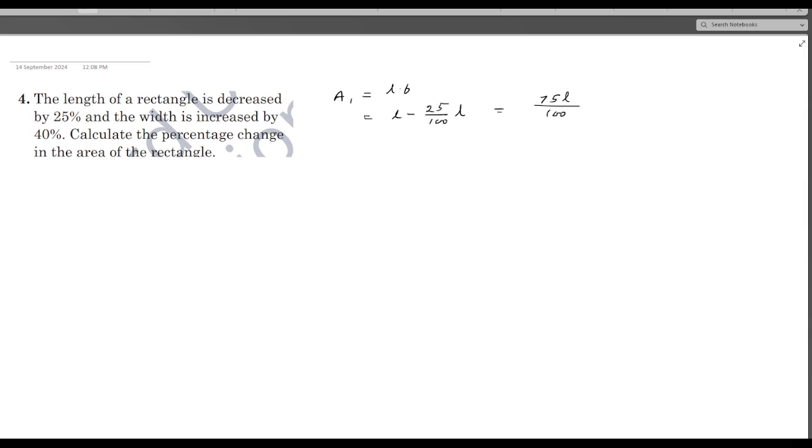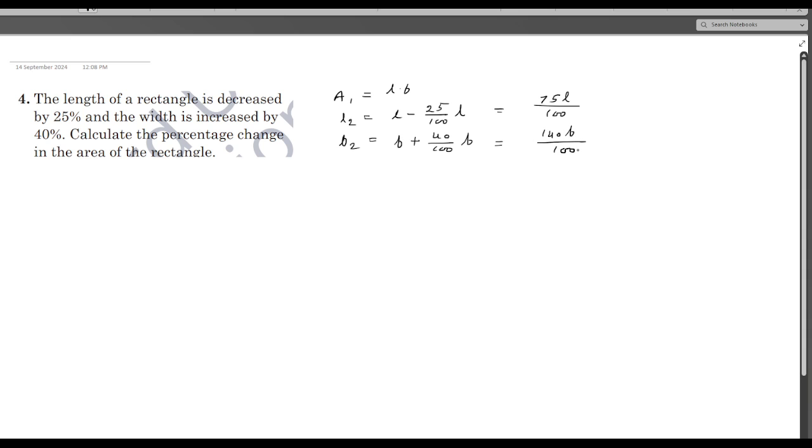So I will say that L2 is L minus 25% of L, and your breadth B2 is increased, so it is B plus 40% of B. So this becomes 140B divided by 100. Therefore your A2 is L2B2, which is 75L divided by 100 times 140B divided by 100.